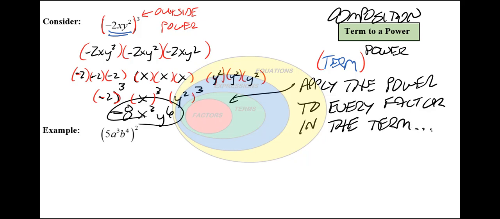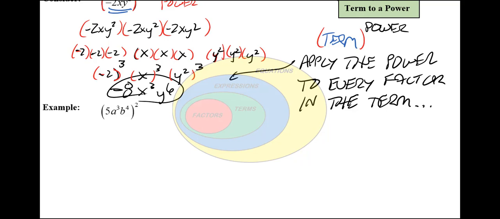Now I'm going to add to this a little bit, but that's in a nutshell what we have. If we have a term to a power, that outside power gets applied. We're going to apply the power to every factor in the term. So let's try that with this one. The next problem, or the next example, and I'm just going to scroll down a little bit.